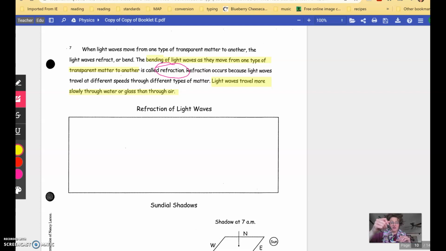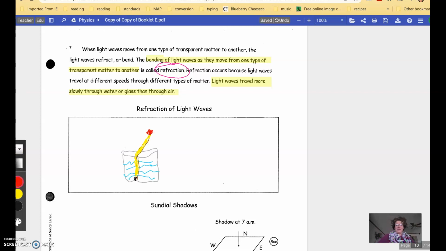If you need to, you can rewind back on this video and see what the pencil looked like, or you can use your imagination of what you think will happen, and then we will check it and see if you are right. At this time, you can pause the video, but I want you to draw in that box right there in front of you on page 11, the refraction of light waves, so you will have an example to refer back to.